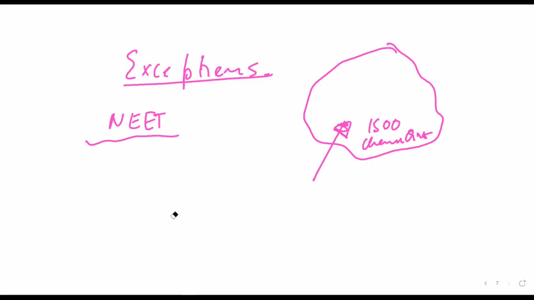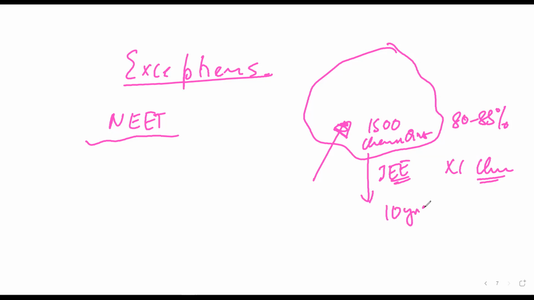Let me talk about JEE. In JEE class 11th chemistry, 80 to 85% of the chemistry syllabus would have already been there in the last 10 years of JEE papers. Have you understood my point or not?